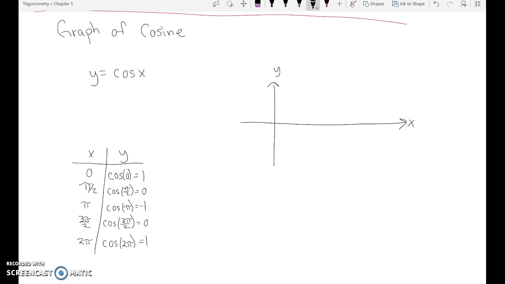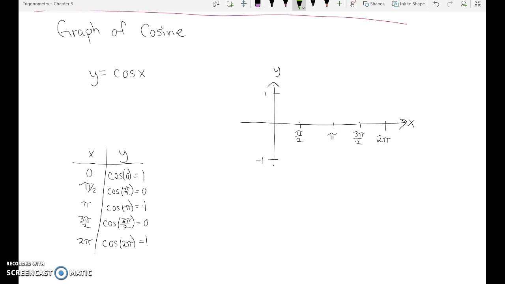All right, so let's go ahead and plot those points. We're going to need a scale on our graph here, so I'm making my scale the same way I did with my sine graph. There's my pi halves, here's my 3 pi halves. Let's go up to 1 and down to -1 again.